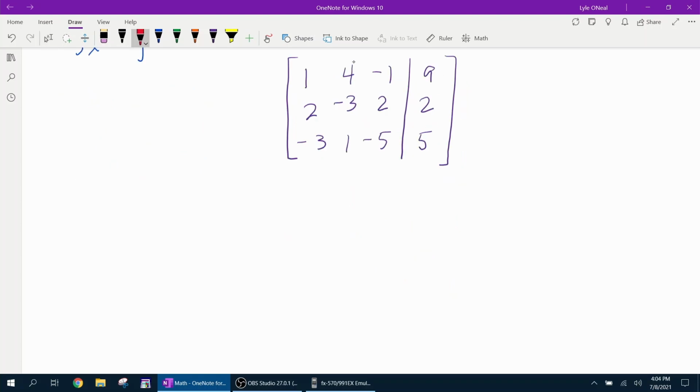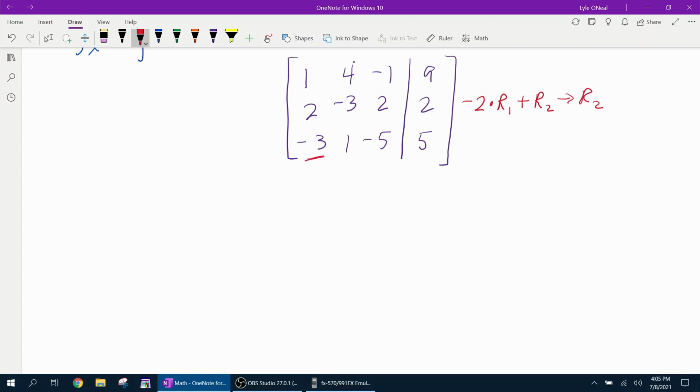So in order to make this 2 become a 0, I'm going to need to use -2 multiplied by row 1. Okay, again, think about it. If I multiply 1 times -2, that'll make -2. And then if I add that to row 2, it'll make this element become 0. So we're going to take -2 times row 1 plus row 2 to produce a new row 2.